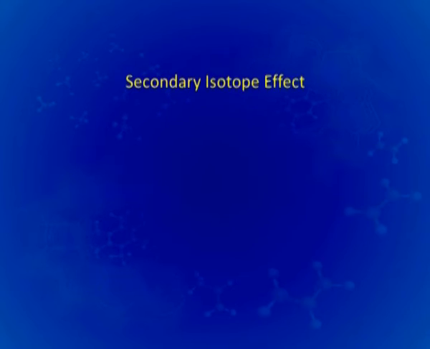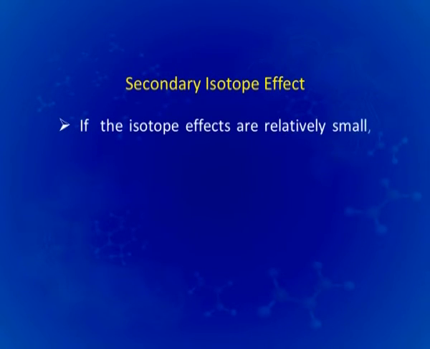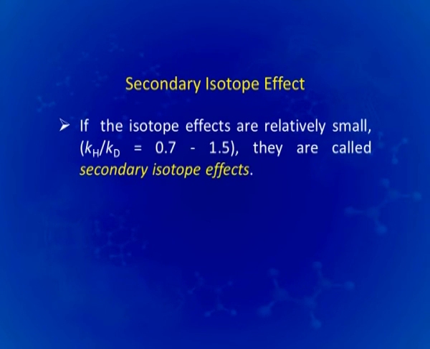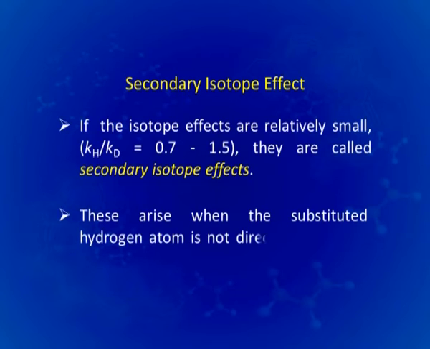The other effect is secondary isotope effect, which is relatively small. The kH by kD is to the tune of 0.7 to 1.5, and we call it, of course, the secondary isotope effect. And these arise when the substituted hydrogen atom is not directly involved in the reaction, that is the C-H or the C-D bond is not breaking in the rate determining step.